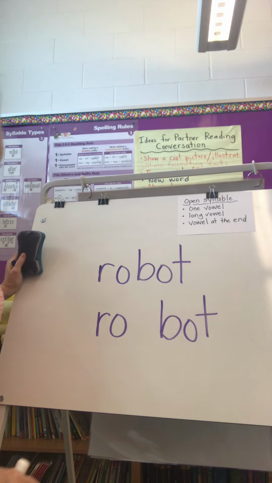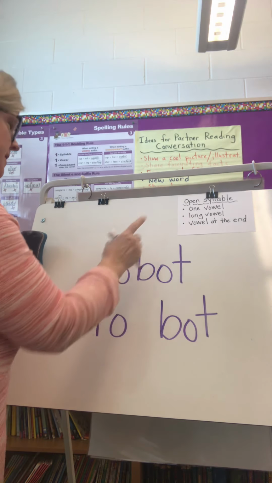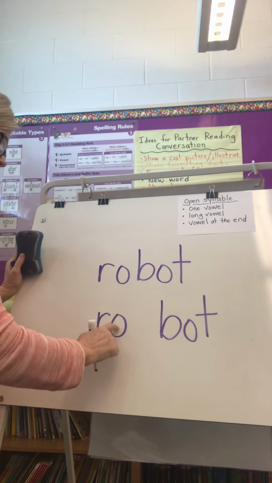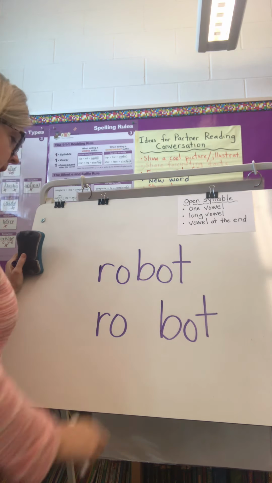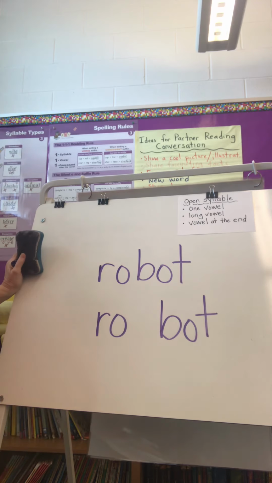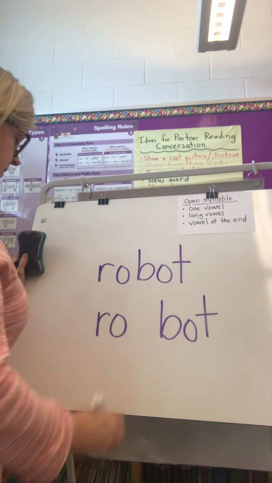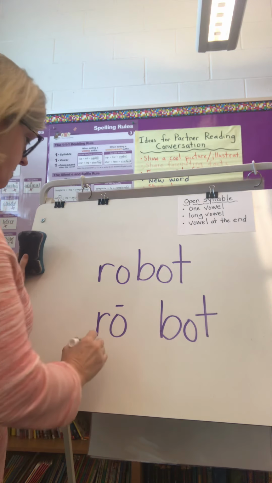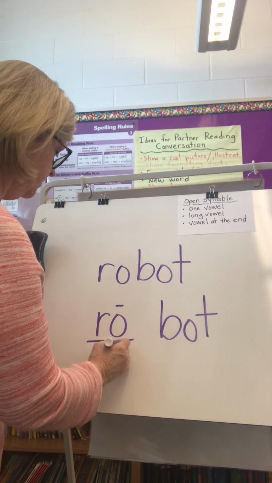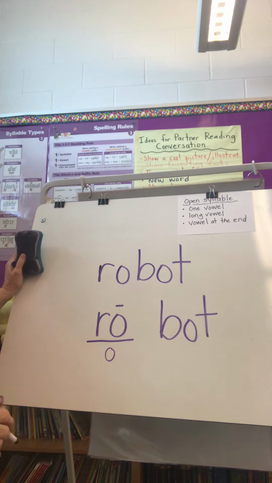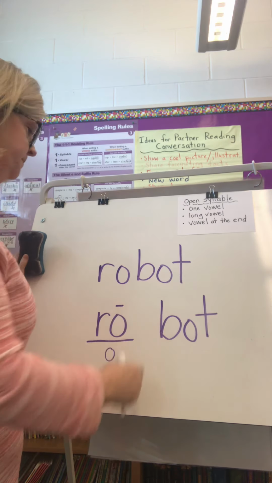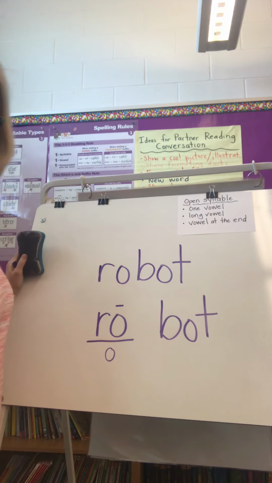So now we have our first syllable, which is an open syllable. It has one vowel. That vowel is long, and that vowel is at the end of the syllable. To mark it, we give it the long vowel mark, and then an O down here for open syllable. Is that a macron? Is that what we call that? All right, cool.